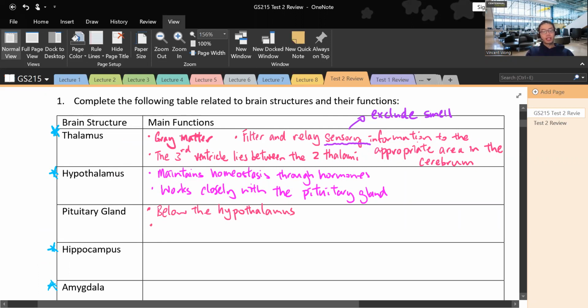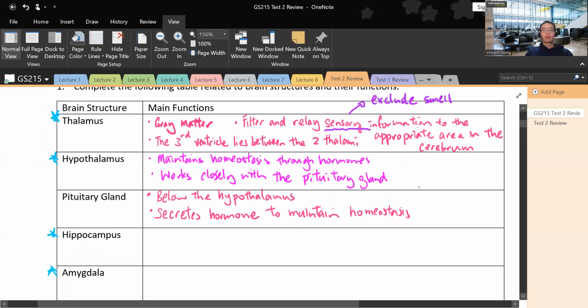We'll learn it in a lot more detail in lecture 12, but for now we'll say that it is responsible for also secreting hormones to maintain homeostasis again. So things like metabolism, things like resource availability, as we will learn in lecture 12.